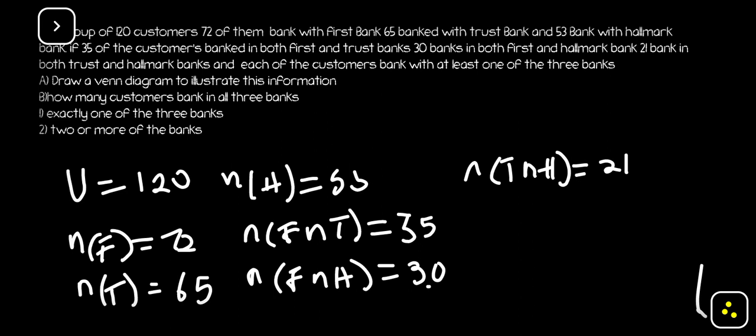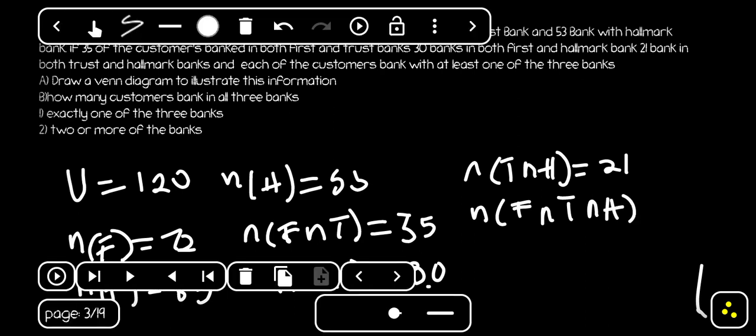So let's draw a Venn diagram first. They're giving us the information for almost everything except the number of those that bank in all three banks, and that is the question for B. All three banks will be the First Bank intersection Trust Bank intersection Hallmark Bank. If we draw a Venn diagram, we'll have something like this.